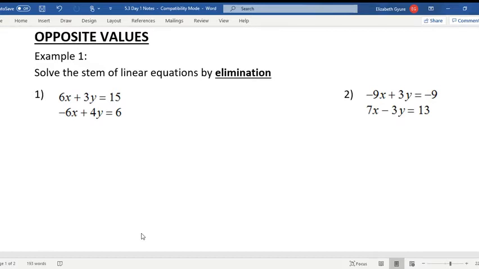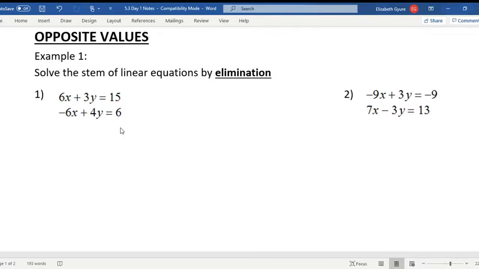Now, our top equation is 6x plus 3y equals 15, and negative 6x plus 4y equals 6. We want to look and see if something here would eliminate. Compare the top equation to the bottom equation. Do you guys see anything that would cancel out with each other? Exactly.